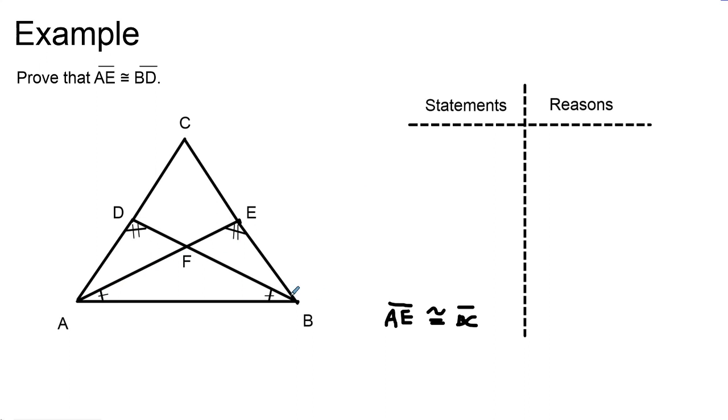All right, so let's tackle some given information here. I do know that angle A is congruent to angle B. It is marked as such. So that is some given information. So I'm just going to use G for given.